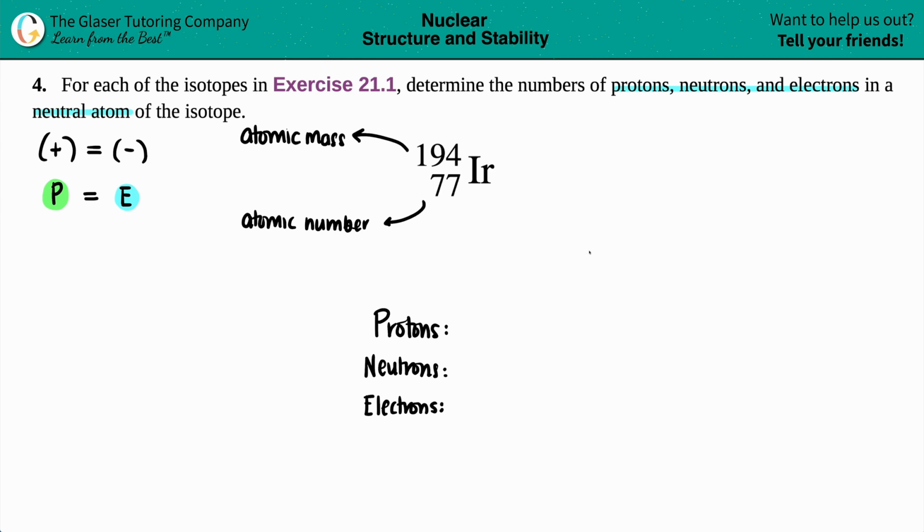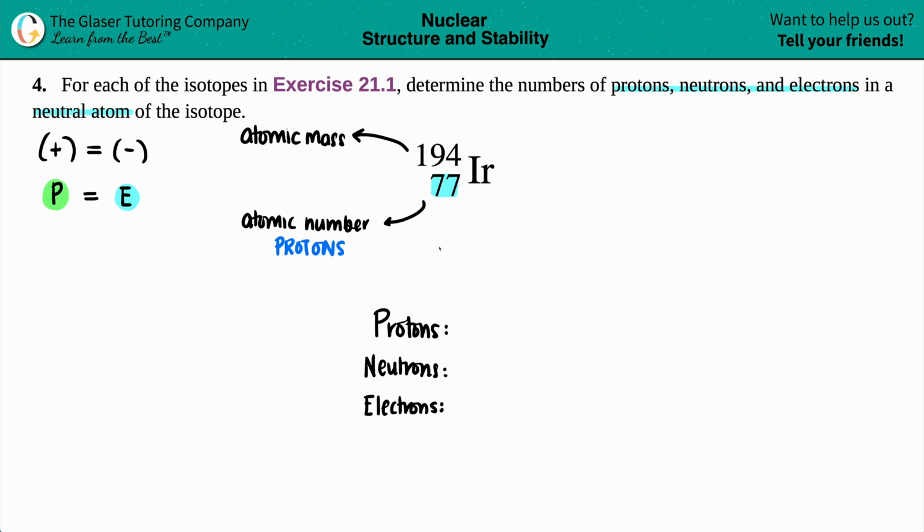So if you change an atomic number, you will completely change the element. And it turns out that the atomic number is the number of protons. So each individual element has its own special number of protons. So 77, that's the number of protons for iridium.